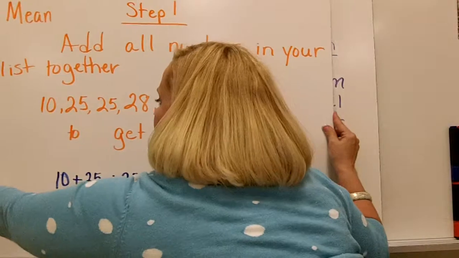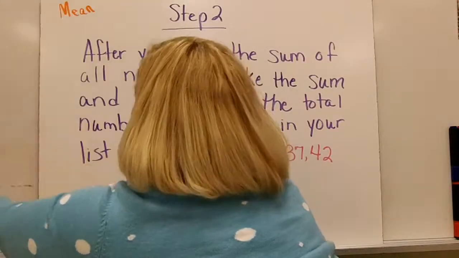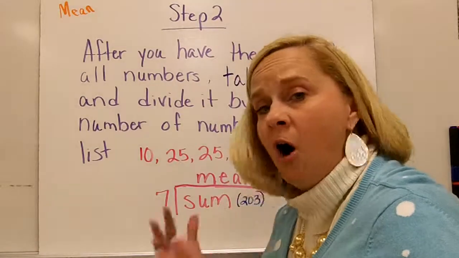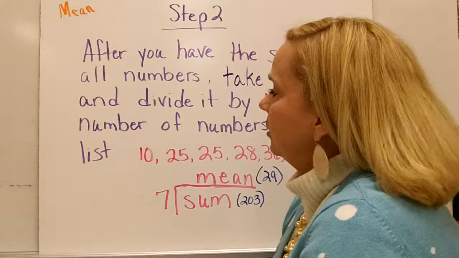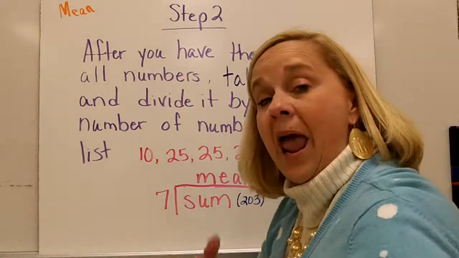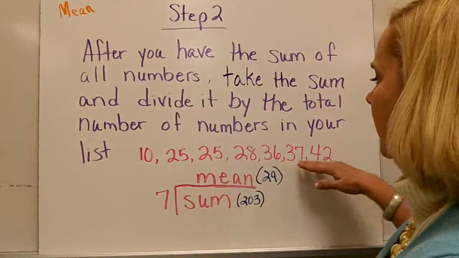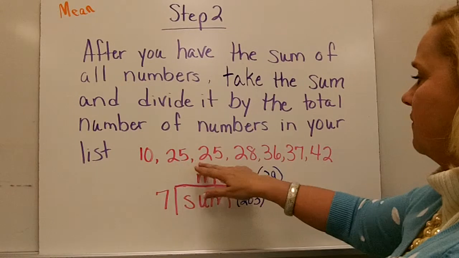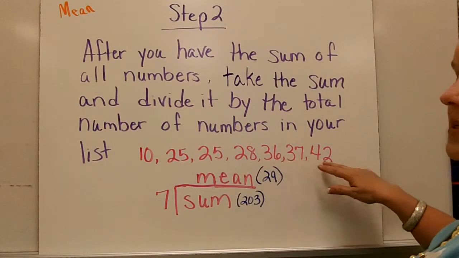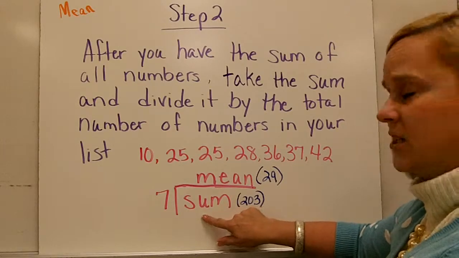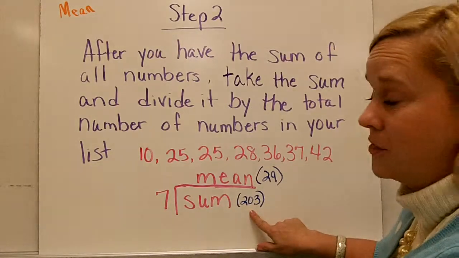All right, let's move on to step number 2. After you have the sum of all of those numbers, then you're going to divide that sum by how many numbers you have in your list. All right, so let's look at the list. I have it written again. 10, 25, 25, 28, 36, 37, and 42. So I'm going to take the sum of all those numbers. It just so happened to be 203.